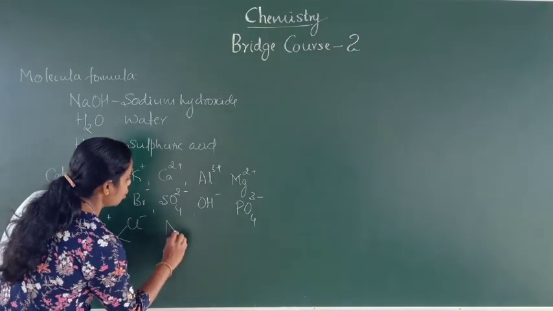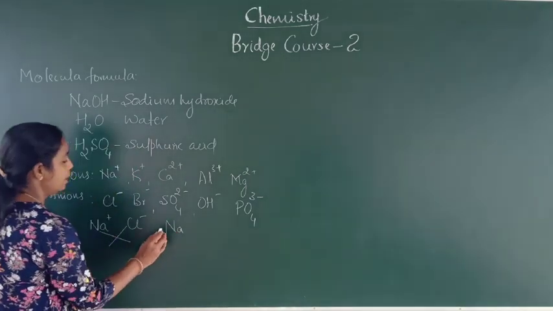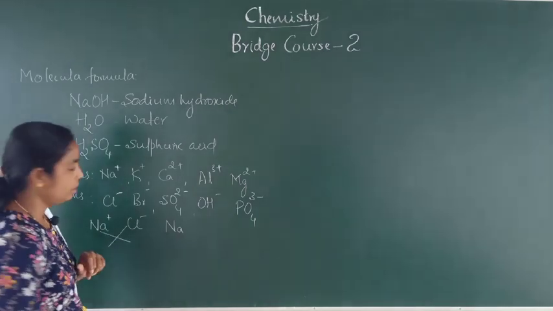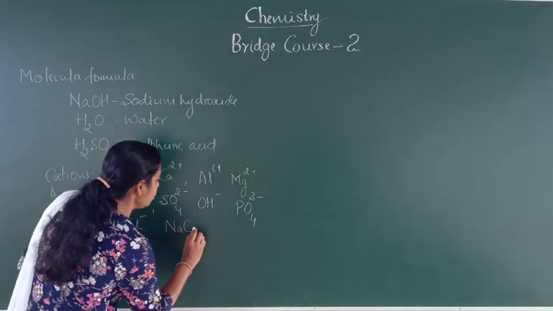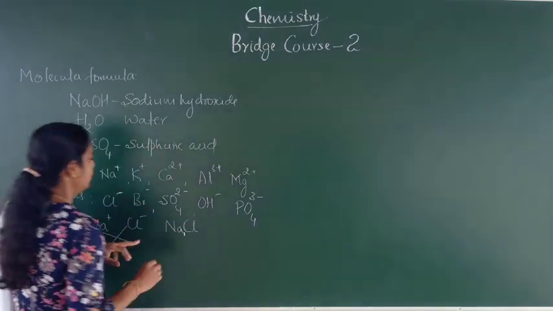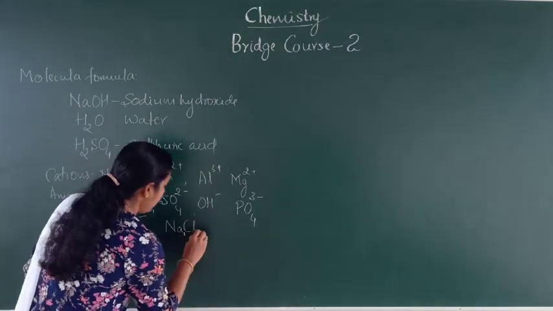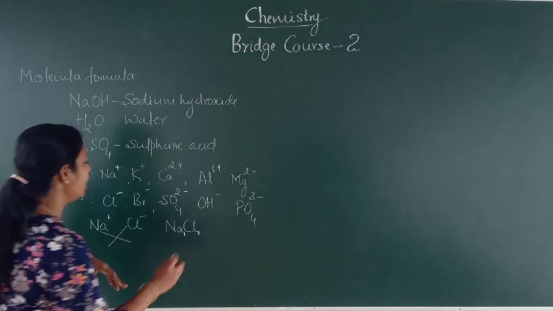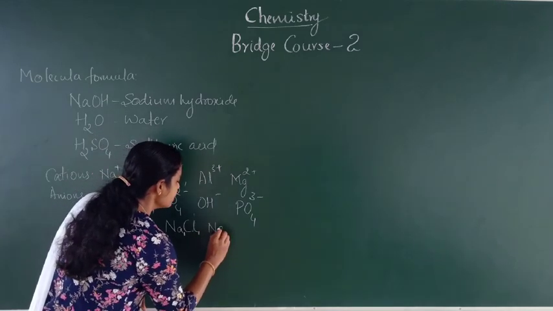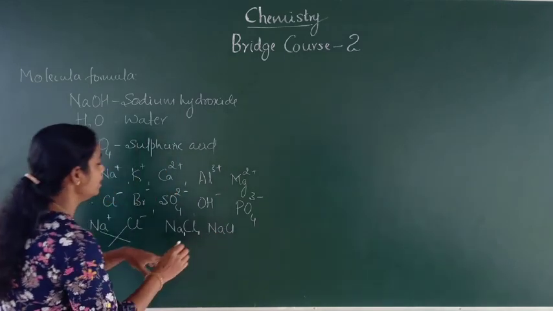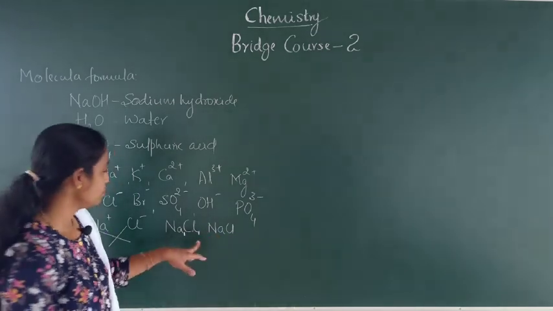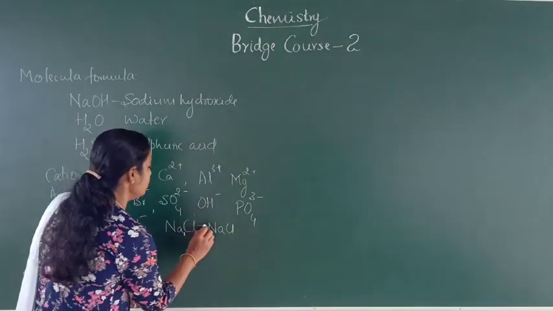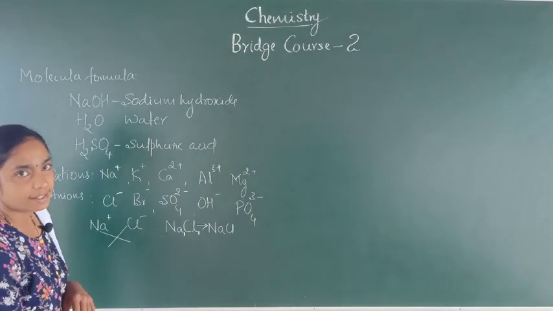The charge on the anion is written below the cation and the charge on the cation should be written below the anion. So the formula of sodium chloride is NaCl. If same numbers are there, then we should not write that.